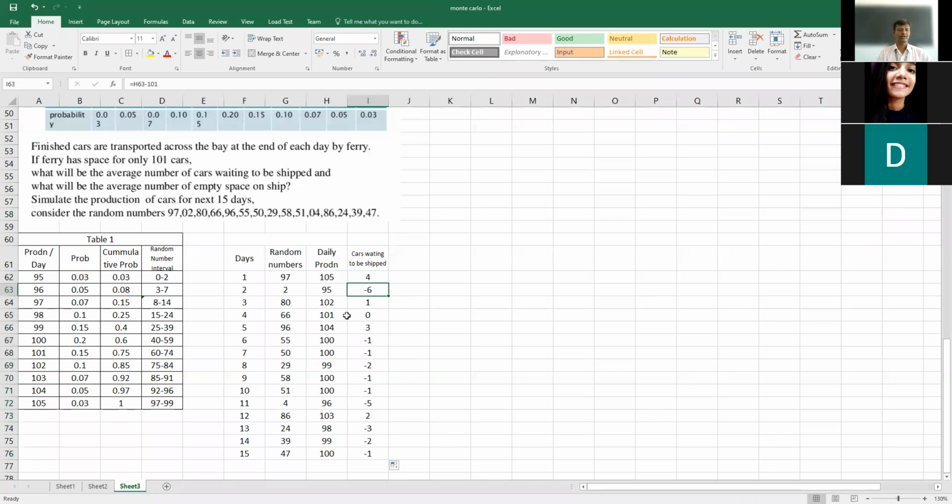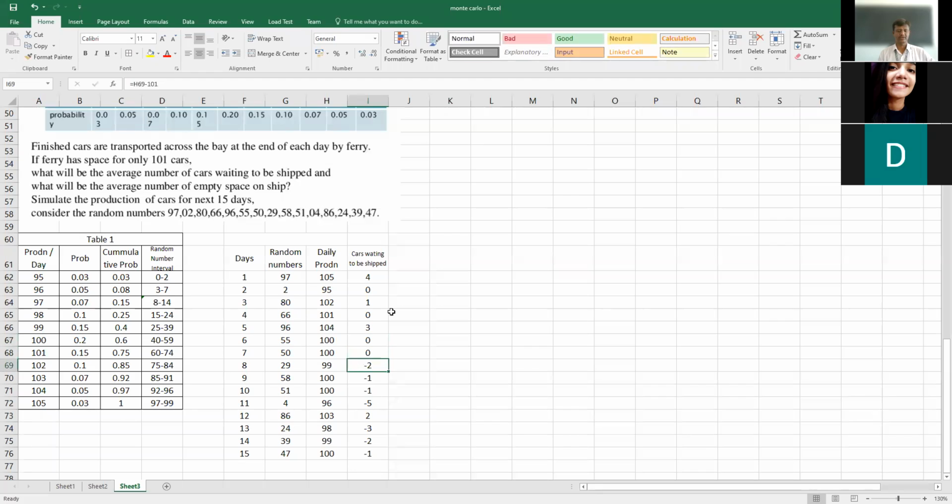Okay, if more than 101 cars are produced, those cars cannot be transported by this transporter. So whatever is in excess of 101, that will wait for the next day to be shipped. Similarly, we find out the average number of vehicles waiting in the factory to be shipped. So wherever we got a negative value, we denote it as 0.